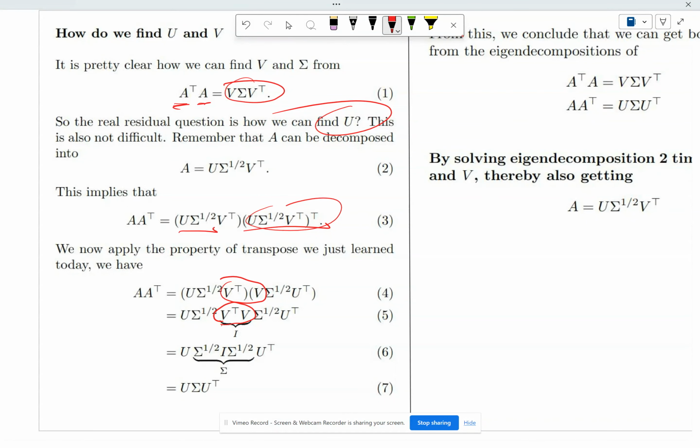And that's just identity, and then identity goes away. Now sigma squared times sigma squared is just sigma squared, and what we end up with is U sigma U transpose. So if we solve the eigendecomposition for A transpose A, we're going to get V. But if we solve it for A A transpose, then we're going to get U.